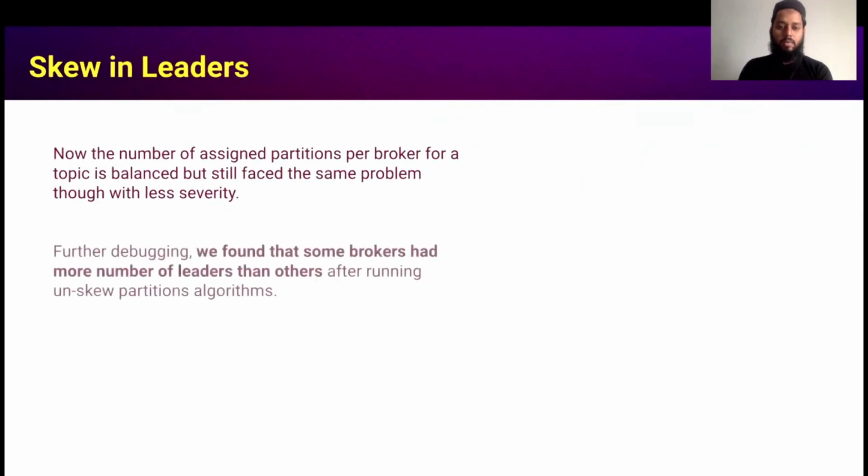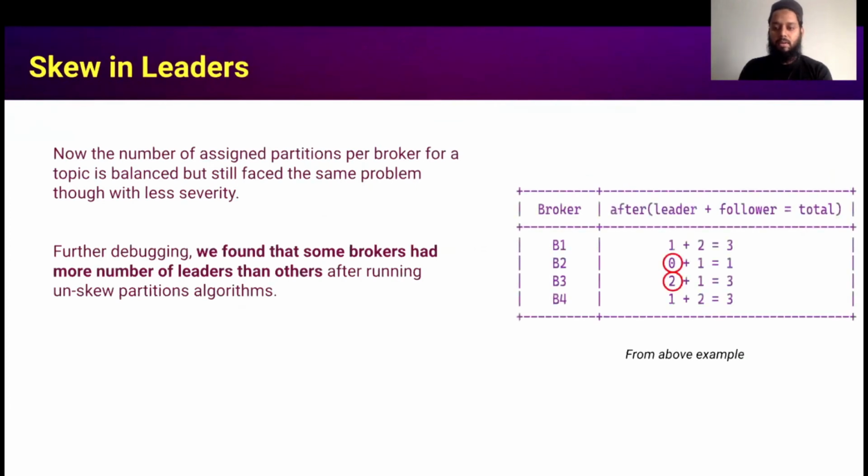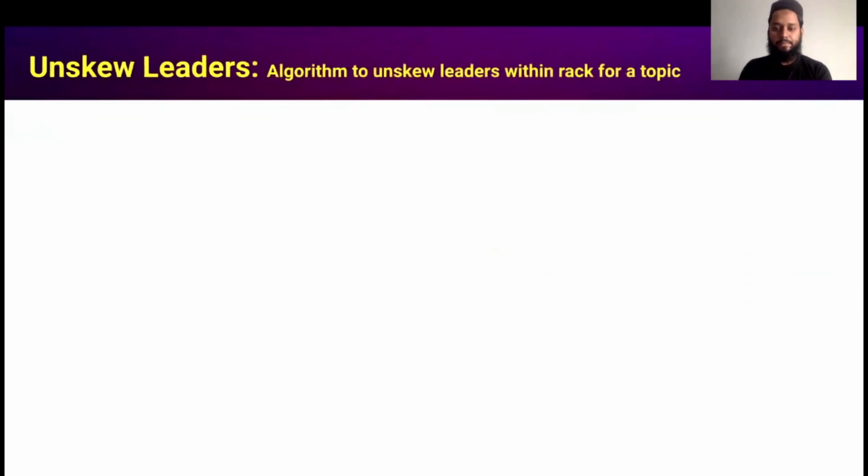On further debugging, we found that some of the brokers still have more leaders compared to others, which was creating this problem. From the above example, broker 3 has 2 leaders, but broker 2 has 0 leaders. If we move a leader from broker 3 to broker 2, it will balance the leaders across the brokers for that topic.